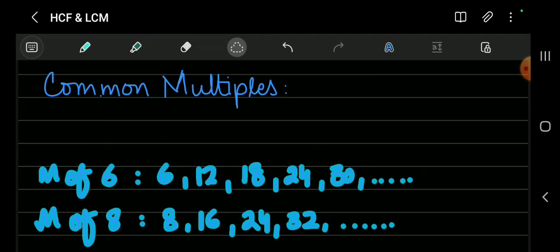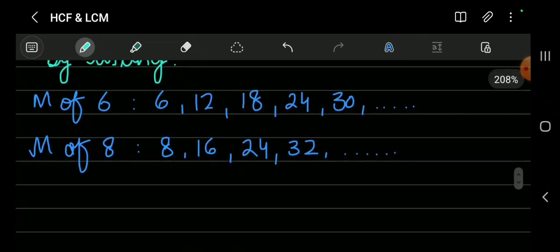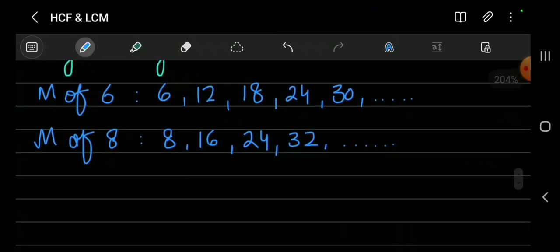We are listing down the multiples now, just by using the table. These are your multiples.